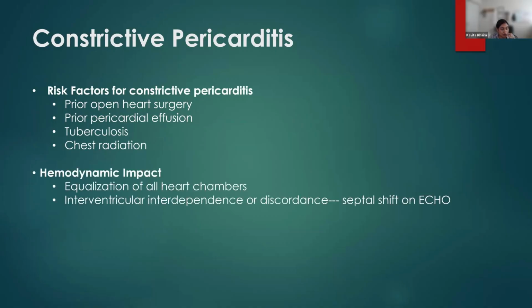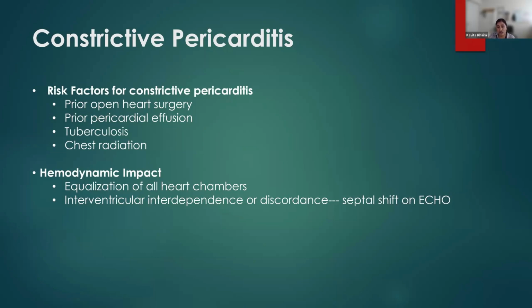And the hemodynamic impact is basically that you have equalization of all pressures in all four heart chambers. Again, because all four heart chambers are encased in this sac, and they can't independently relax of each other. That's why you get that interventricular dependence or discordance, which causes that septal shift.